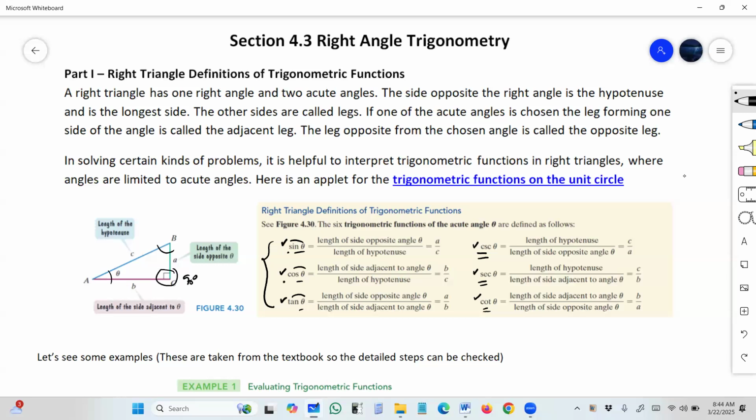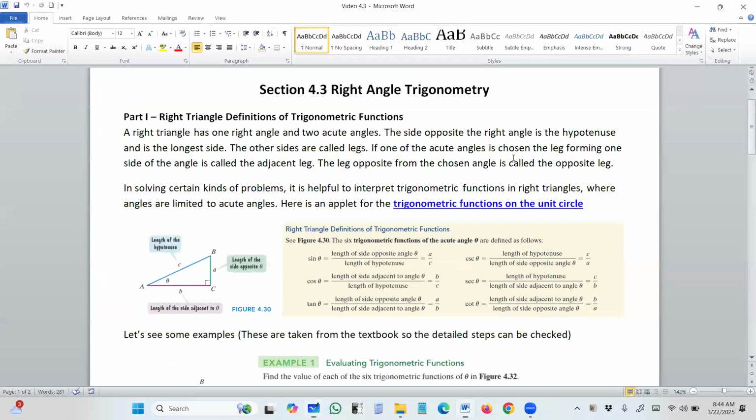Okay? Now, I wanted to show you exactly what these functions look like on the actual circle. So I have here an app, which is not mine, but it's the trigonometric functions on the unit circle.